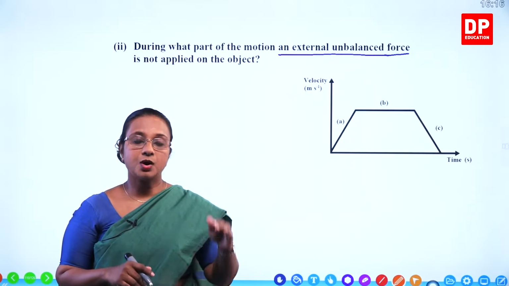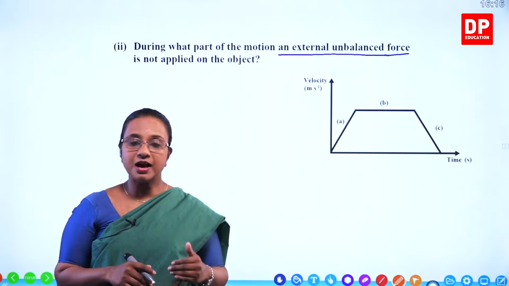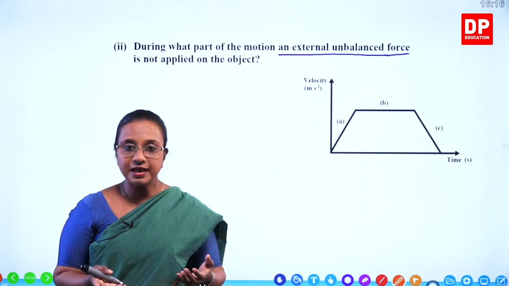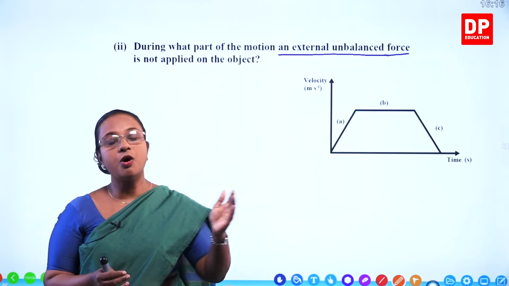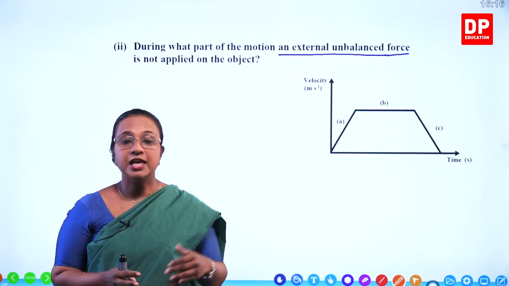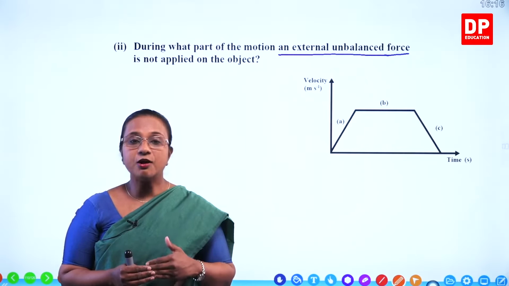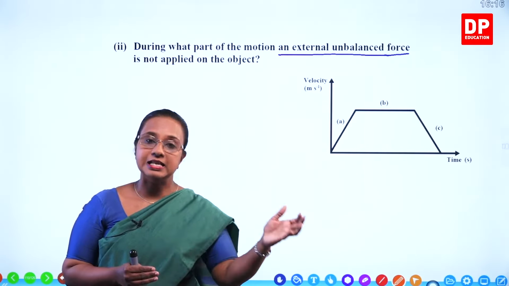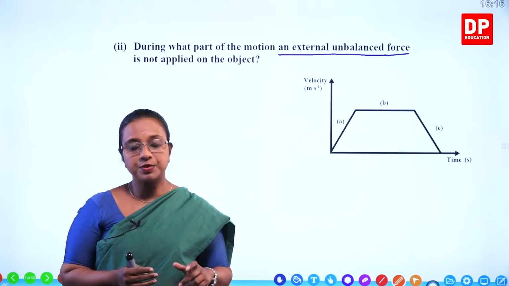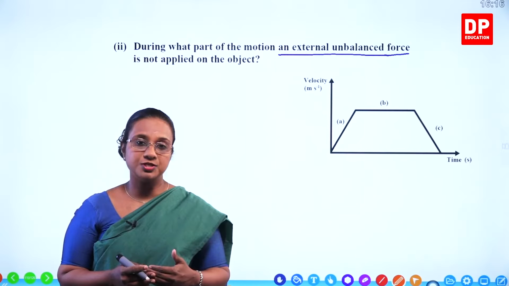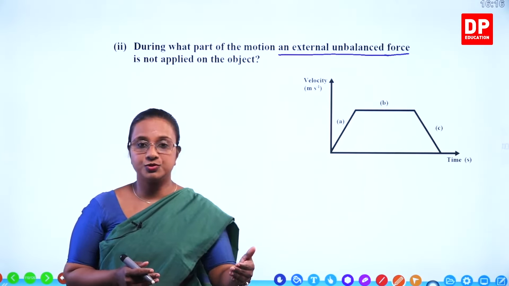Another thing, now when you are traveling in a car, you would have seen when the driver applies the brake, the moving vehicle will decrease speed or come to a stop. If you press the accelerator, the speed of the vehicle will increase. So, in order to change the speed or the velocity of an object, you have to apply a force.